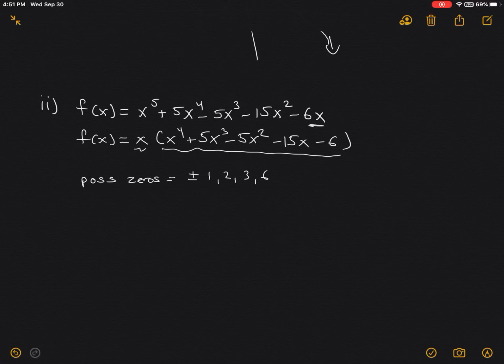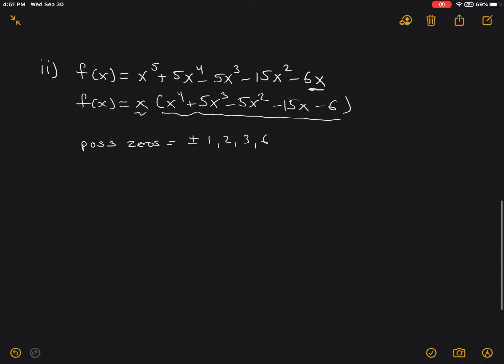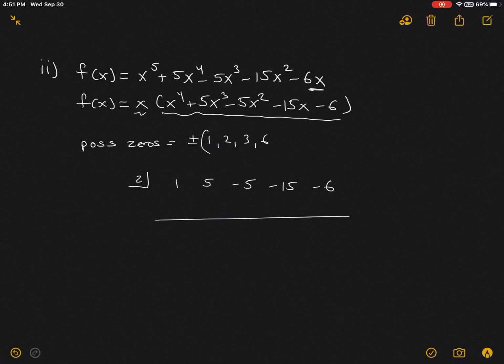Out of the interest of time, instead of doing a bunch of guessing and checking, I'm just going to give you one of the zeros. One of the zeros in this problem is going to be 2. So let's write it out: 1, 5, negative 5, negative 15, negative 6. And let's do our synthetic division. 1 plus 0, that's 1. 2 times 1 is 2. 2 times 7 is 14. I add this, I'm going to get 9.